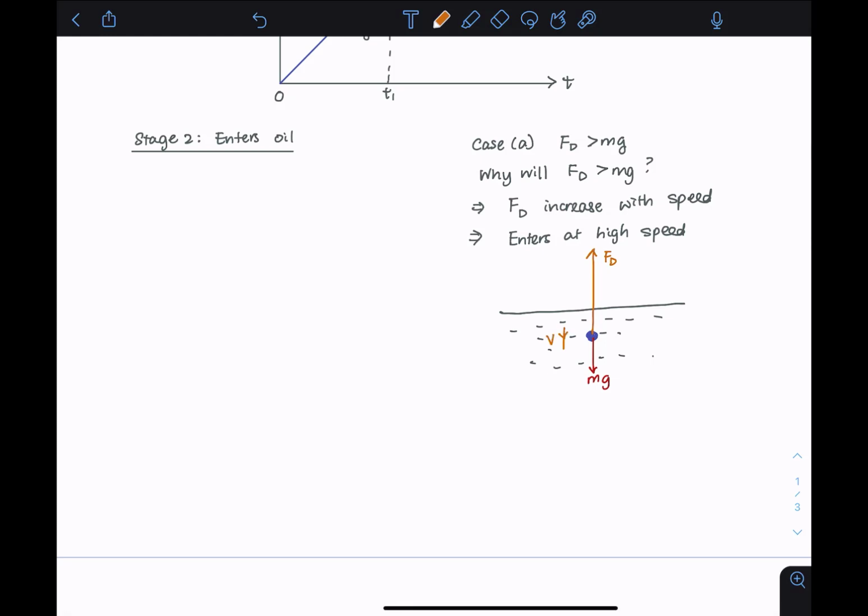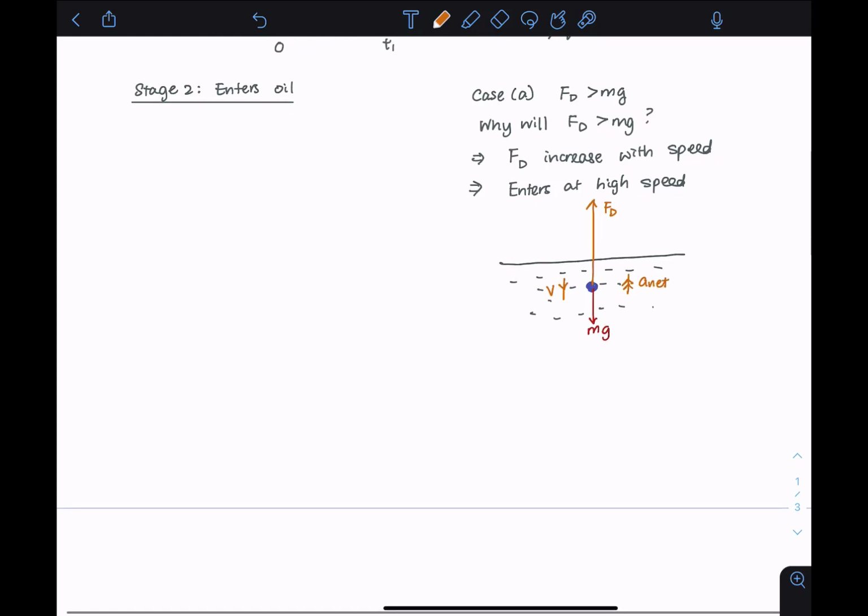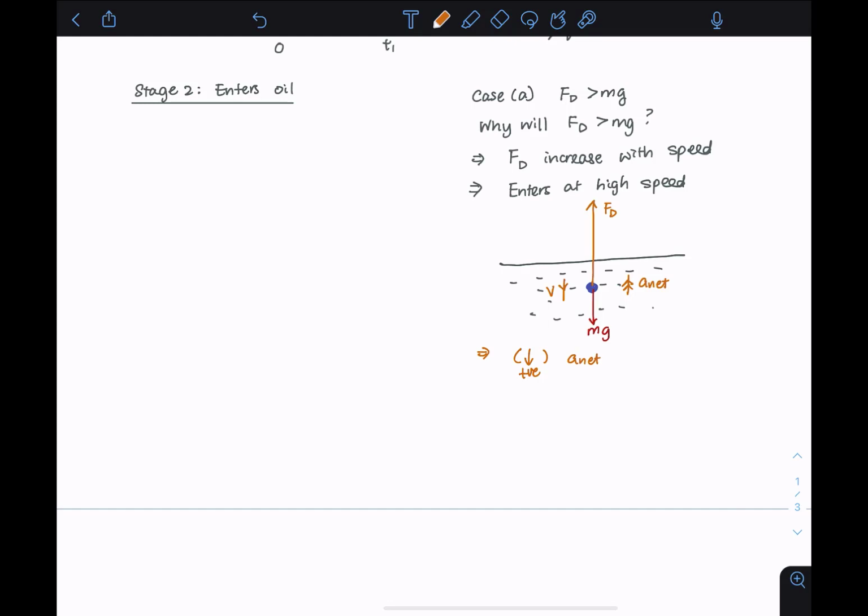Alright, but this diagram also tells me that my net force is upwards, because the net force is the drag force subtracted with the weight, and this means that my net acceleration is upwards. Taking downwards as positive again, our net force is negative because it is pointing upwards. Now, to complete the graph, we need to know how this net force is going to vary.